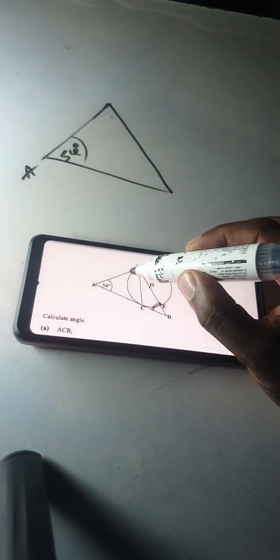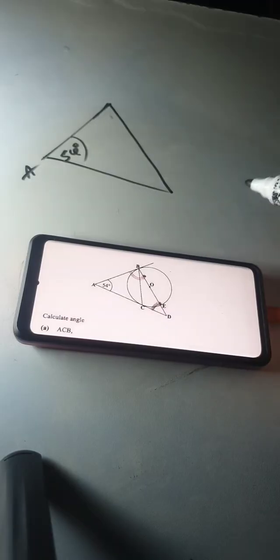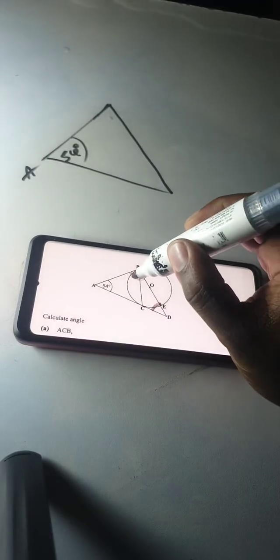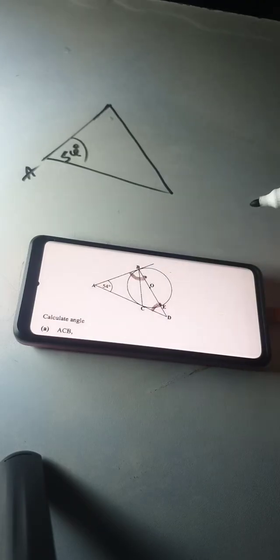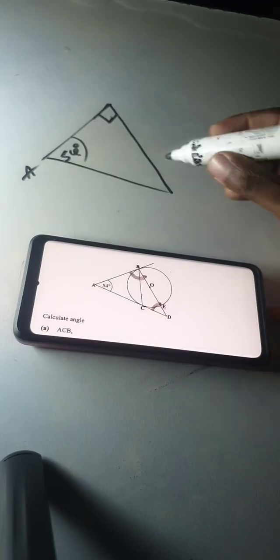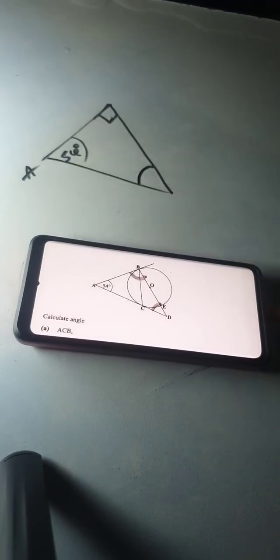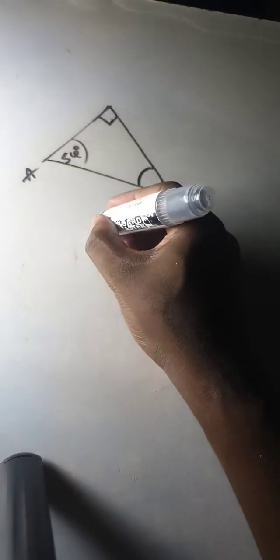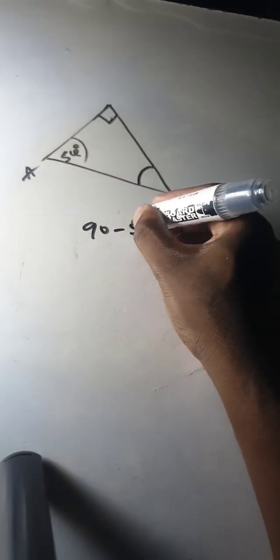Then we have this angle here, which is 90. If you have been following, this angle is 90 degrees, so we have a right angle there. Now the angle in question is this. And you know the drill. How do we find that angle? We simply say 90 minus 54.